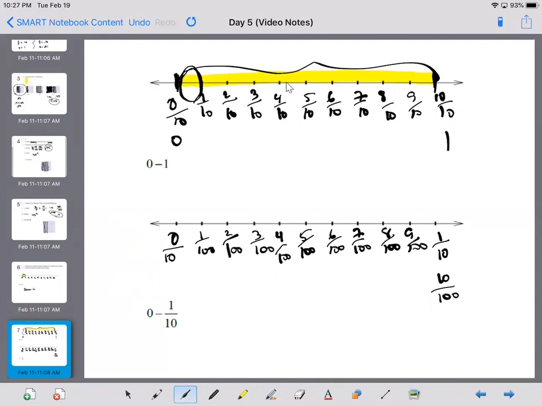So we just open that up there, this area right here, and then we created, notice that we got smaller, from 0 tenths to 10 hundredths. And this would also be the same as 0 hundredths. And so that distance inside there we see are also hundredths. So it just continues to get smaller every time we subdivide another interval.